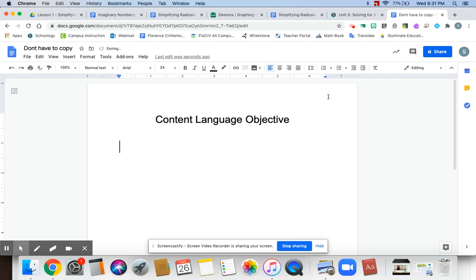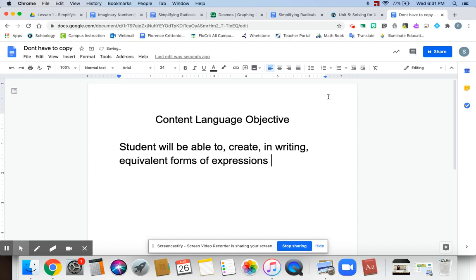So for this lesson, the content language objective is students will be able to create in writing equivalent forms of expressions using simplifying radicals and the following language.